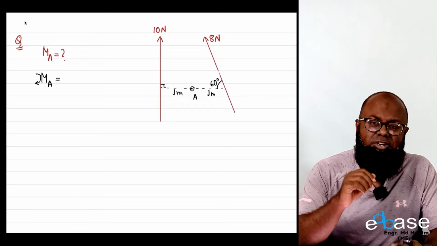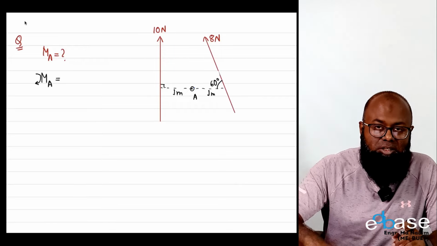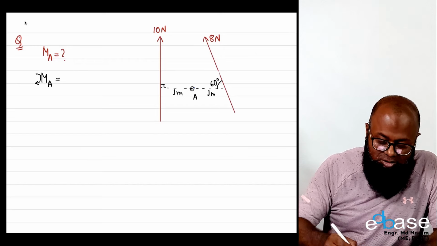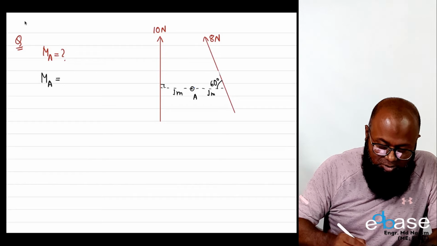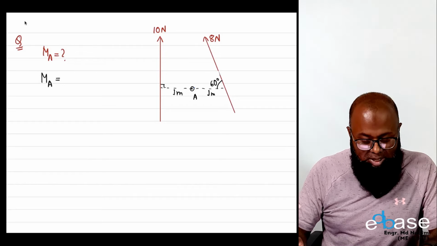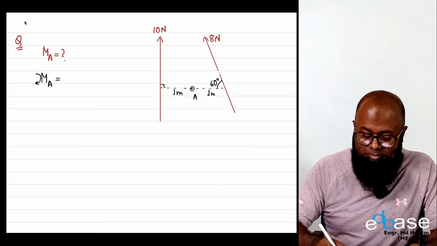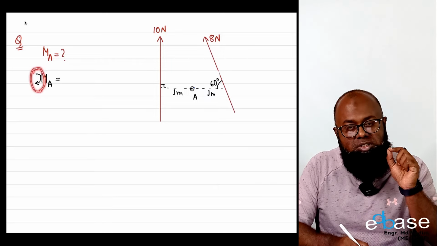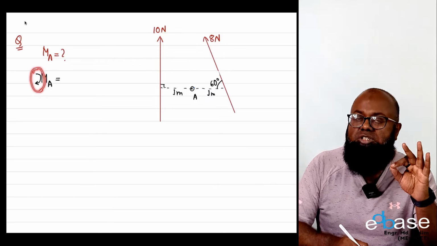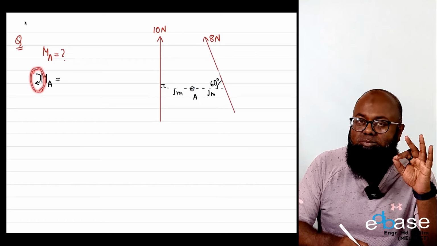Now, I have written like this. What does it mean? I have written moment about A and then this sense of rotation. This is moment about A and this is the sense of rotation. By mentioning this, I am trying to say that I am taking the clockwise moment as positive.